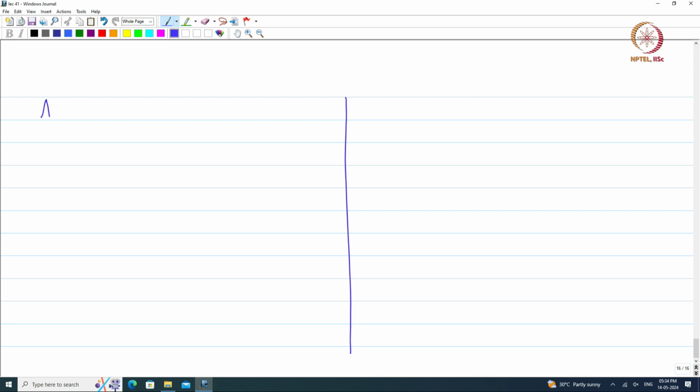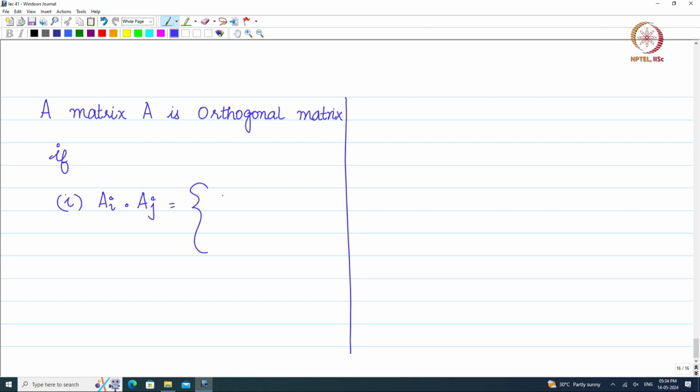So we are going to say a matrix A is an orthogonal matrix if A_i dot A_j is equal to 0 if i is not equal to j, and is equal to 1 when i is equal to j, where A_i and A_j are the columns of A.